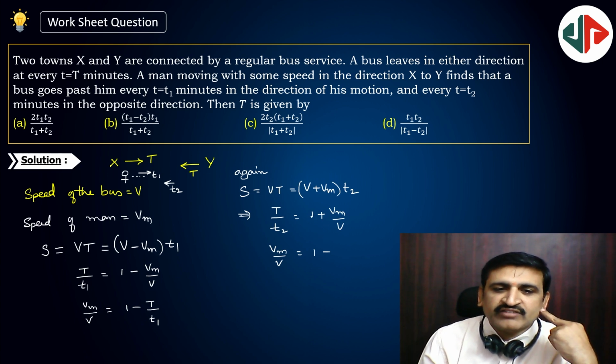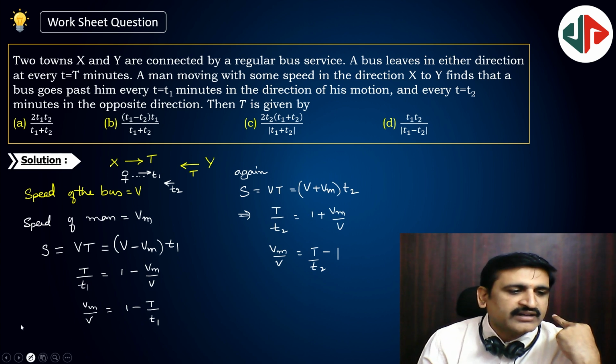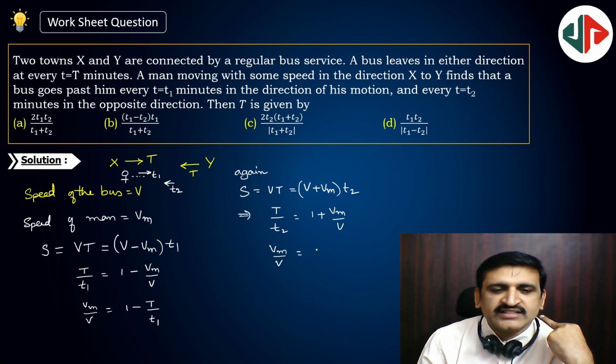Here, 1 goes to this side, so it becomes capital T by t2 minus 1.